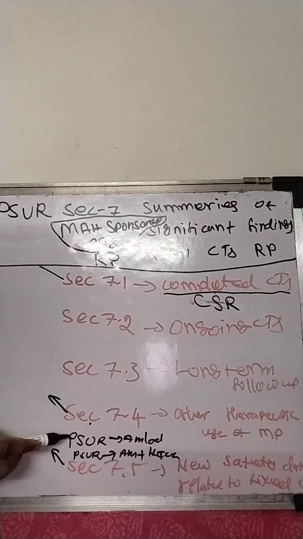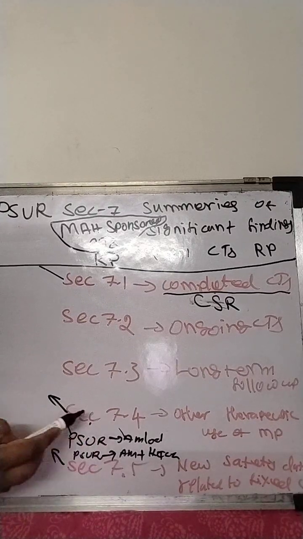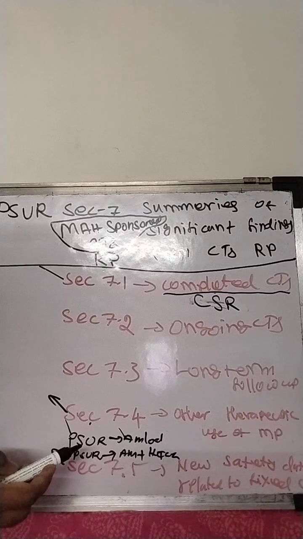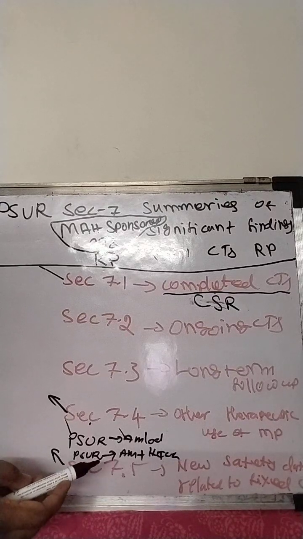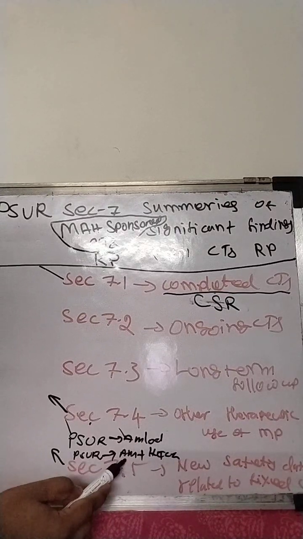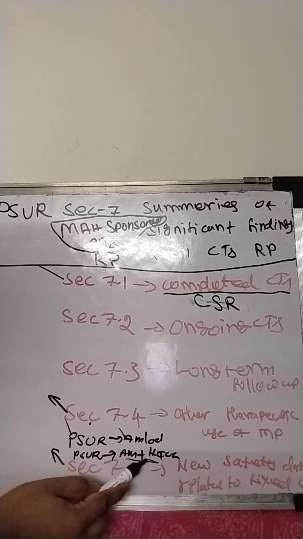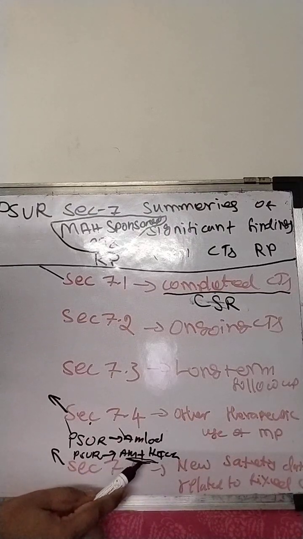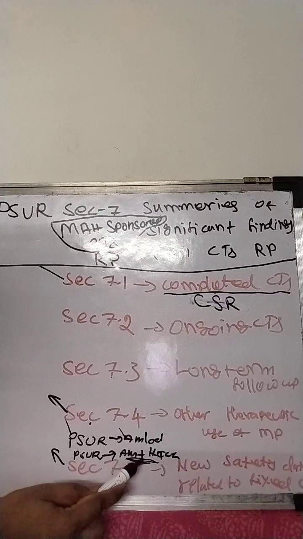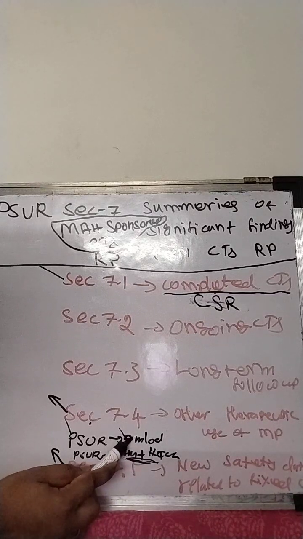When you are writing this PSUR, keep in mind whether any new safety data is there for amlodipine plus hydrochlorothiazide. Is there anything we are missing that needs to be presented in your PSUR?